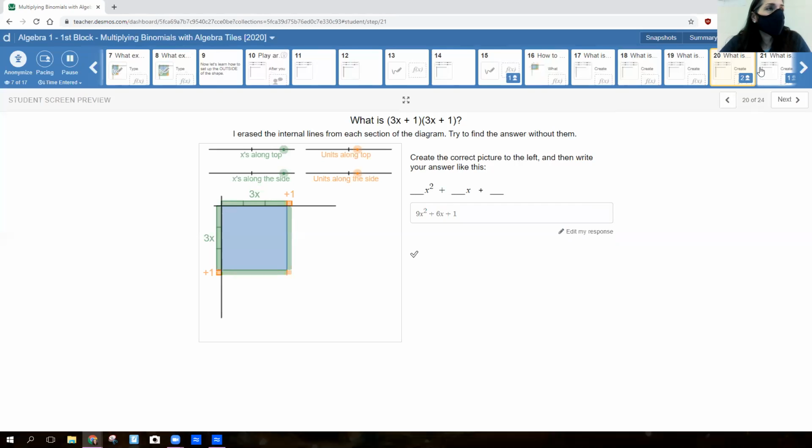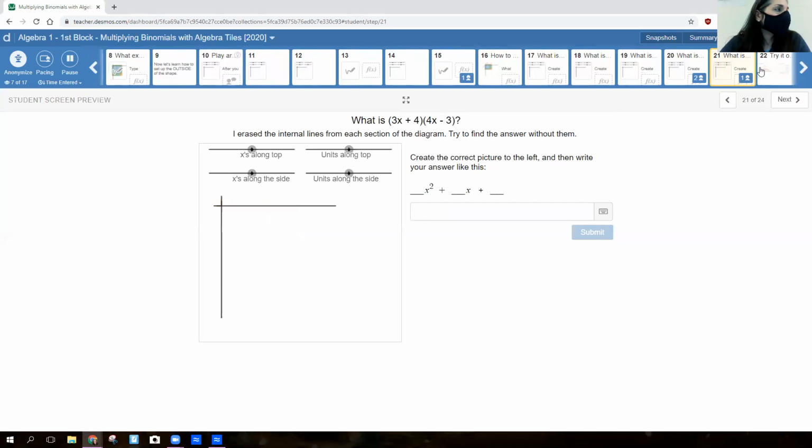Okay, move to slide 21. Let's see if you can figure this one out. Try this one. Remember, the inside lines are not going to show up, so you have to figure out how many of the little squares will fit. Plus, you can think about what the answer would be by doing it by hand like we did last week.